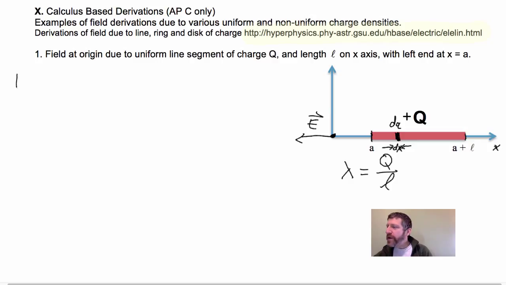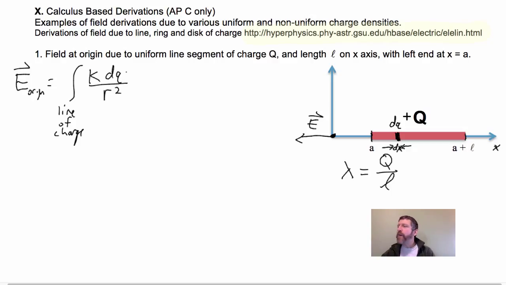So to find out the E field at the origin, I've got to integrate over the entire line of charge. I've got to add up the fields due to all of these dq's. And how many are there? There's an infinite number. That's why I've got to integrate. And that's going to be k dq over r squared.